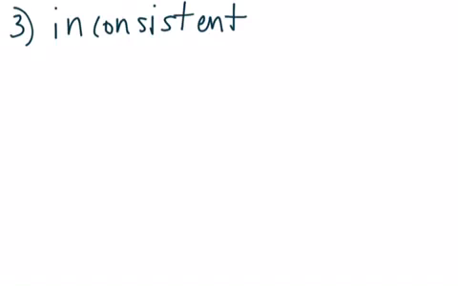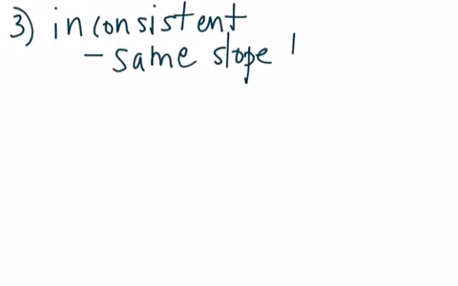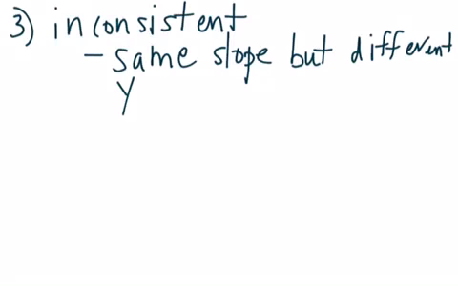The third type of system is an inconsistent system. Inconsistent systems have the same slope but different y-intercepts.